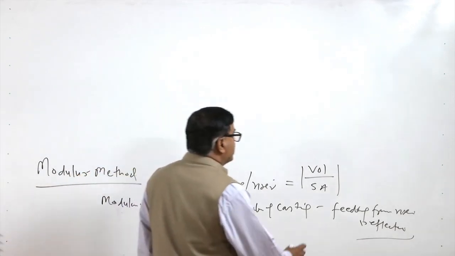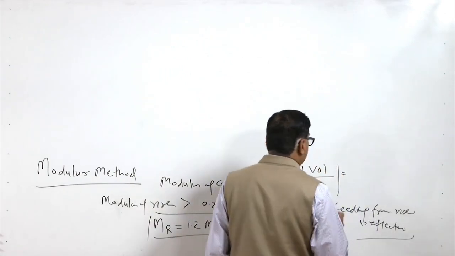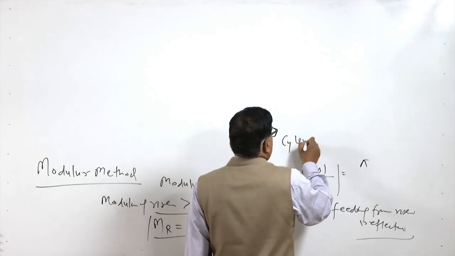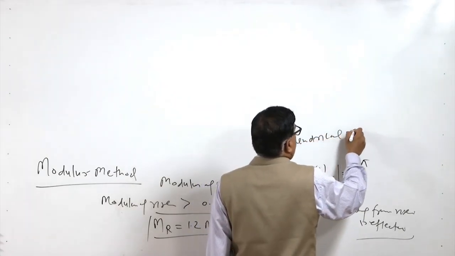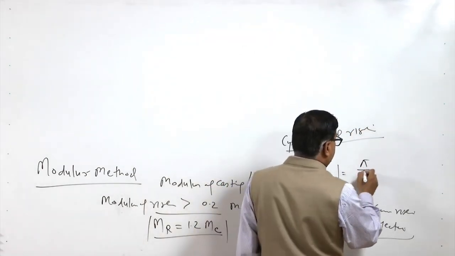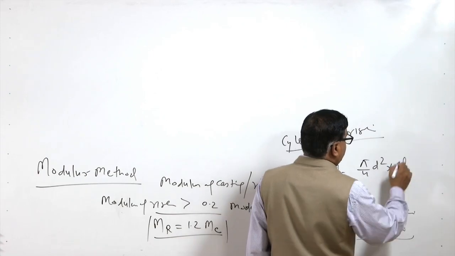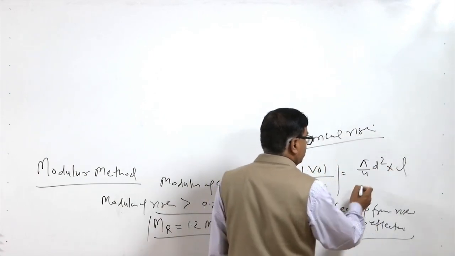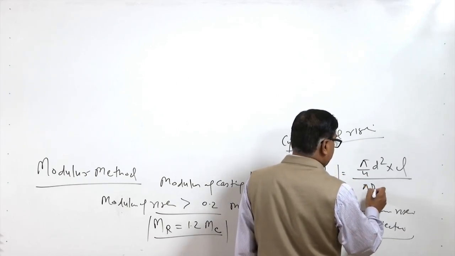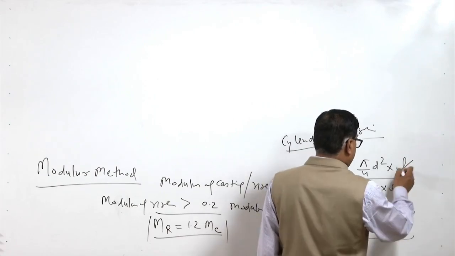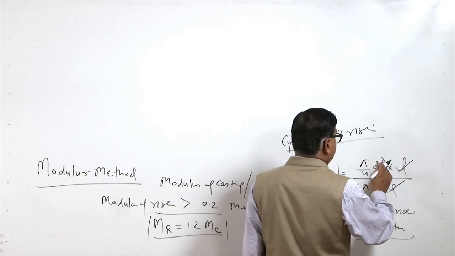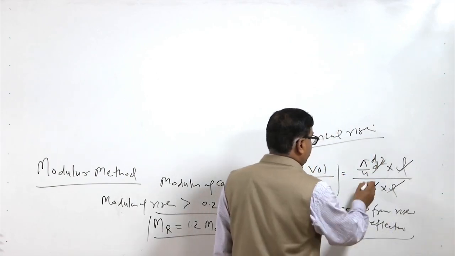So, if we go by this, then for a cylindrical riser or casting, the volume is pi by 4 d square into L, where L is the length and d is the diameter, divided by the surface area, pi d into L. So, here L and L will be cancelled, d and d will be cancelled, leaving one d, and pi and pi will be cancelled.